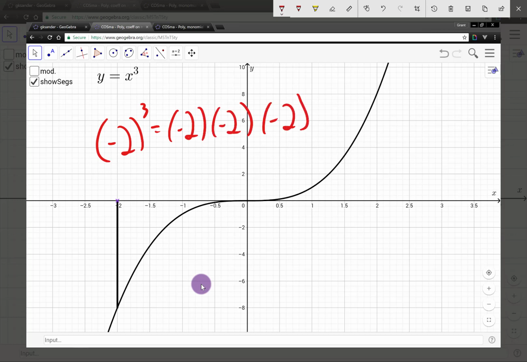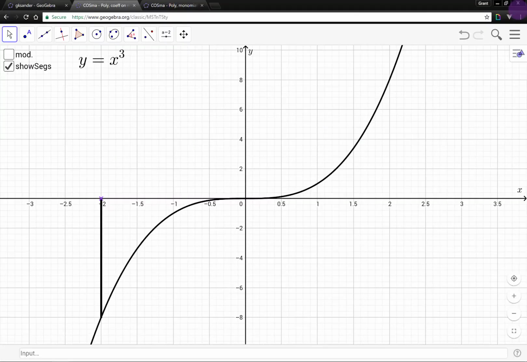If we multiply together three negative numbers, we're going to get a negative number, because the first two of those negative numbers give us a positive number, and then we're doing positive times negative, which gives us a negative number. So with x cubed, for values of x greater than 0, x cubed will also be greater than 0. But when x is less than 0, x cubed will be less than 0.